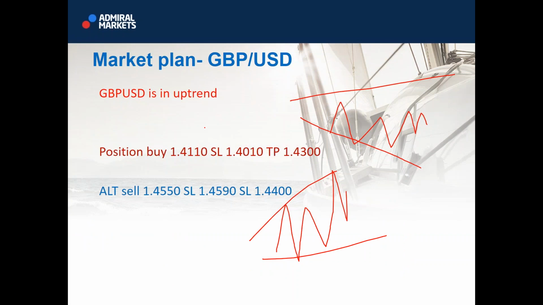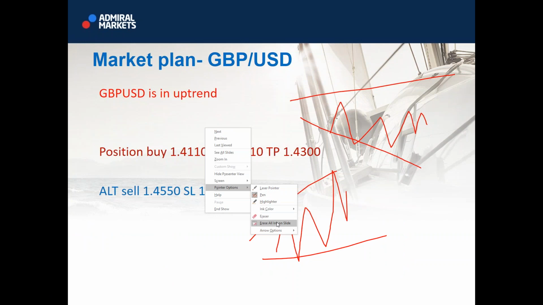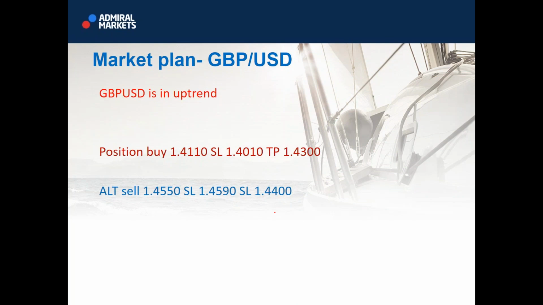Now pound dollar, see it's in uptrend. Because of that we have a buy position, 41.10, 40.10 stop loss, 43 is target. Or sell at 45.50, 45.90 stop loss, 44.